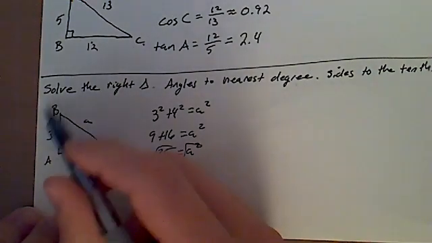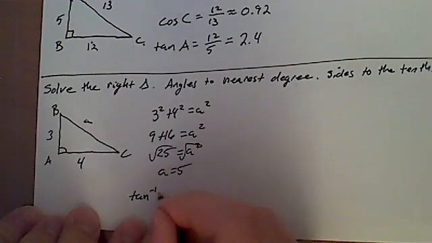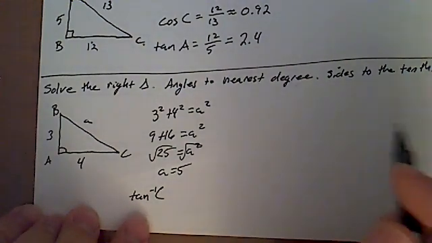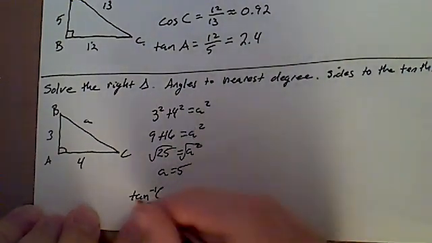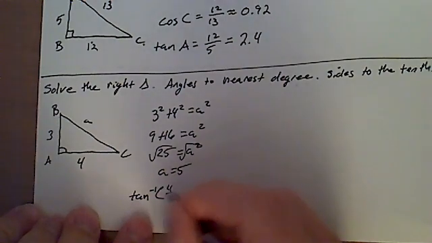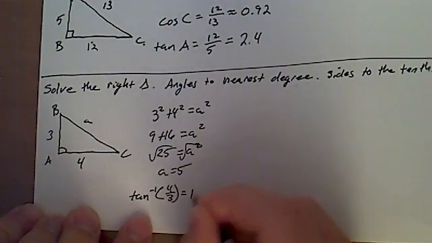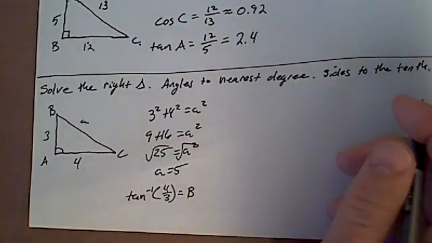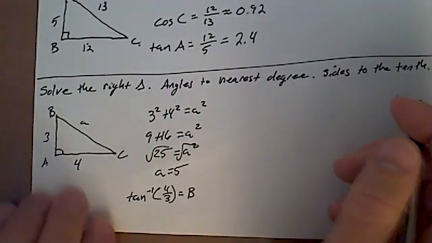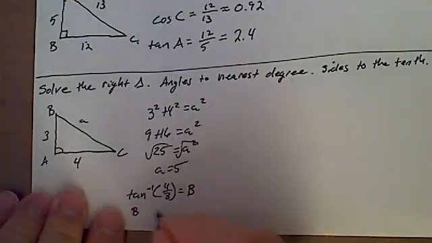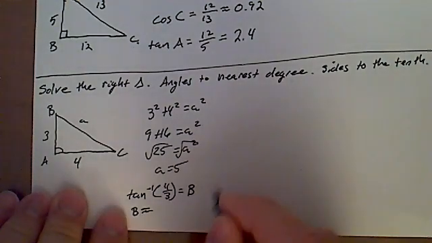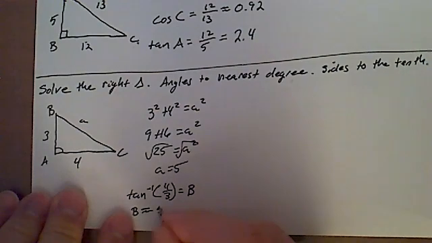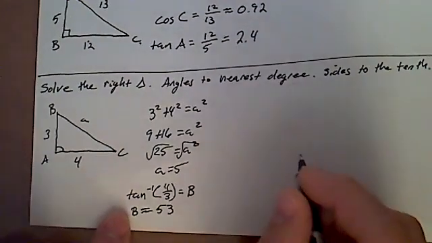We're looking for an angle measure, and the inverse is what finds us angle measures. So the tangent inverse of 4 over 3 will give us B. And if you type that into your calculator and round to the nearest whole degree, we get about 53.